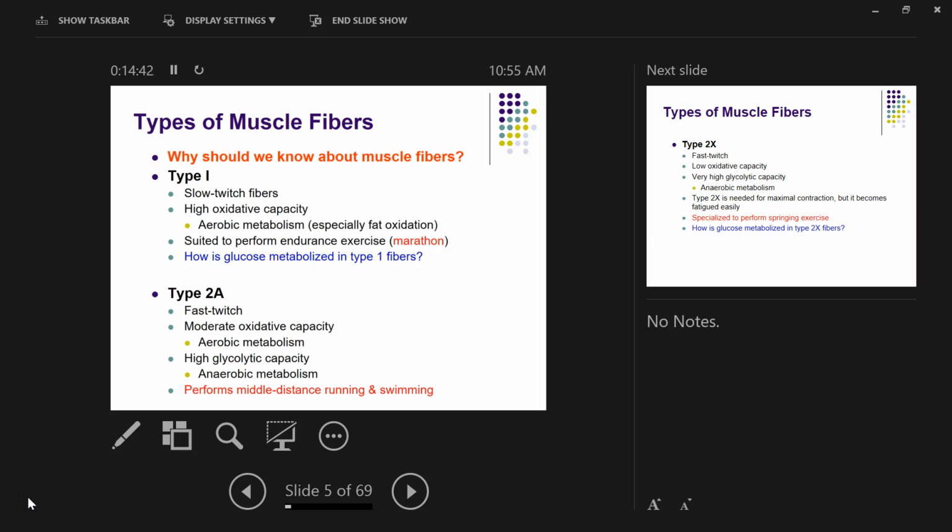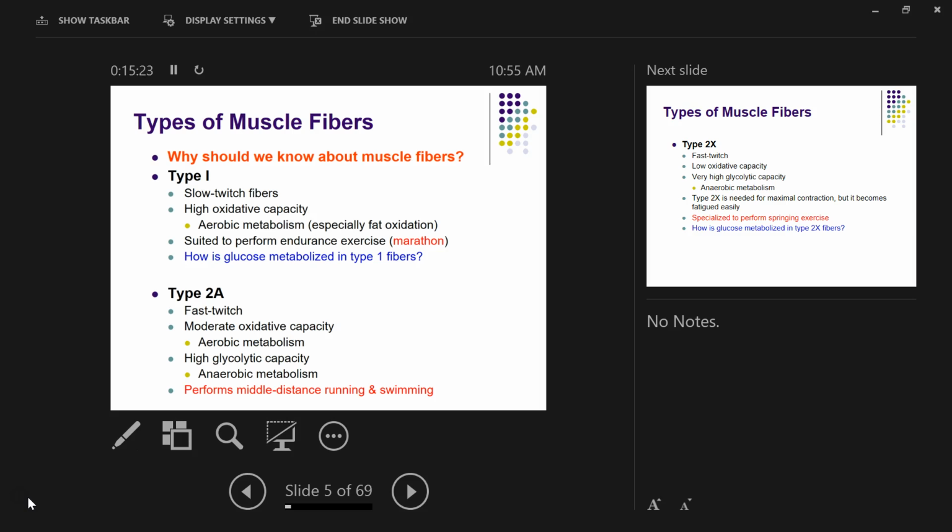Now type 2A. Type 2A has both type 1 and type 2X characteristics because it contains an intermediate content of mitochondria. So type 2A fiber is also fast twitch, but it can do moderate oxidative activities, right? So the type 2A fibers are able to do both aerobic and anaerobic metabolism, right?